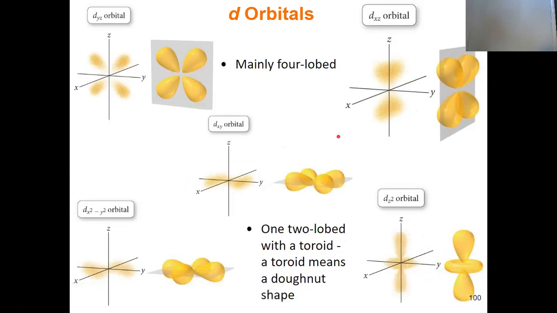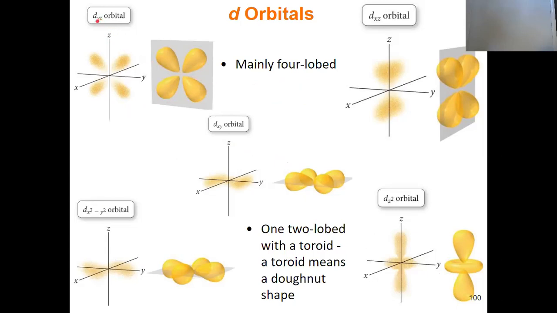Don't go too crazy with the names of these orbitals. Understand that there are 5 different d orbitals. Each one has a different name, and the name it's being given is trying to describe the axis that it's existing on. Like YZ, that's the axes these lobes are existing on.